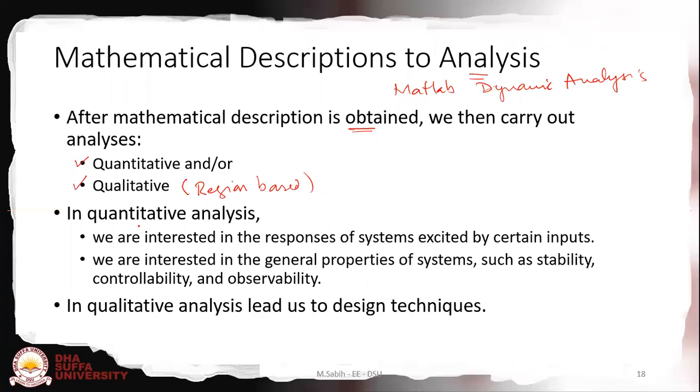At this moment I would like to mention, for example, if there is something like 1 upon s plus 2, then this will be unstable when s equals minus 2, because at s equals minus 2 we will have 1 upon minus 2 plus 2, which becomes 1 upon 0. So this becomes like a pole, infinity.